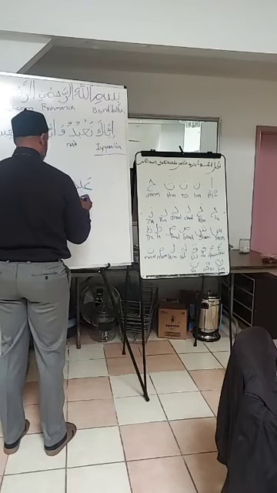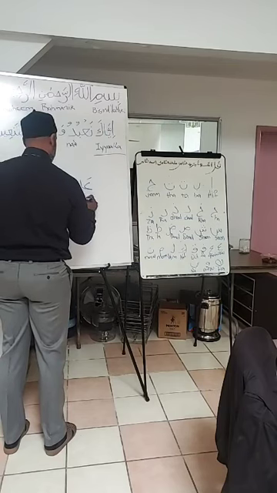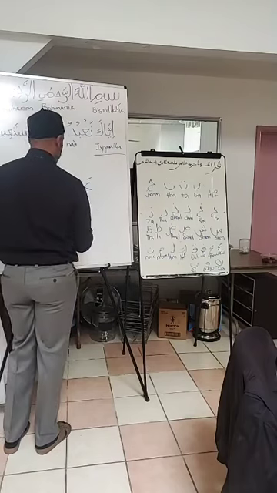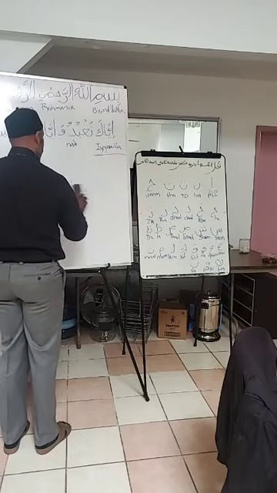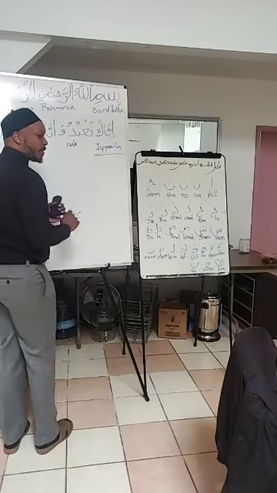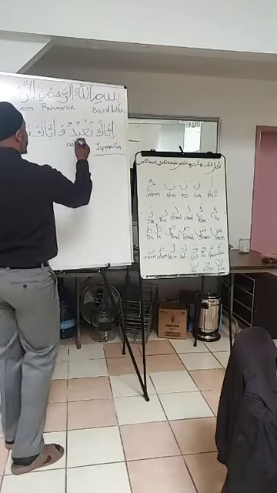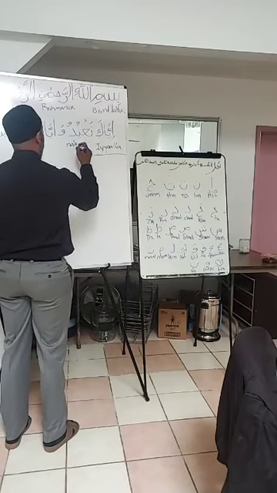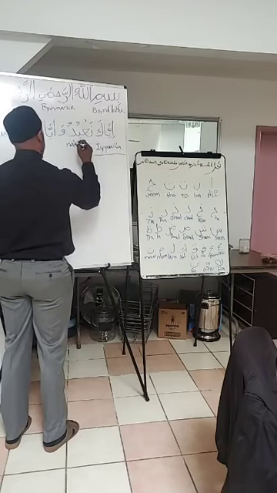This is a funny A, so it's with your throat. Abd means servant, worship, right? So whenever you see the ayin, the B, and the D, you know it has something to do with worship or serving.